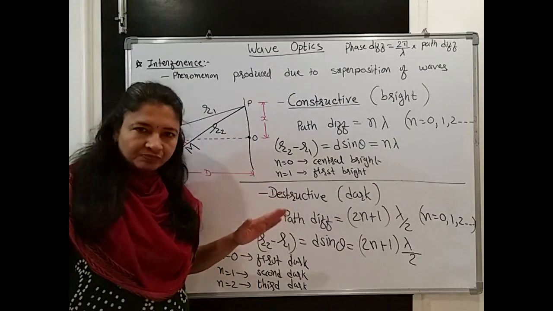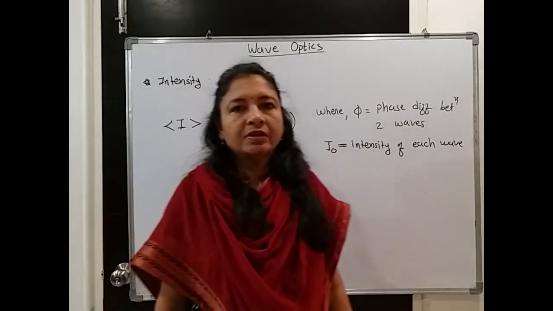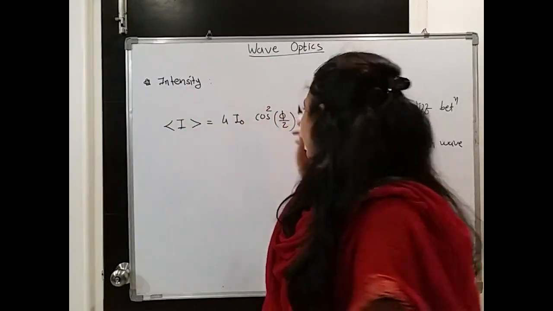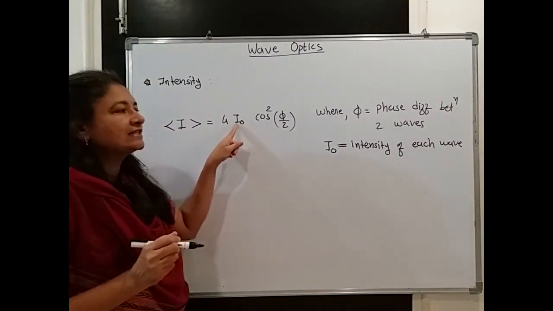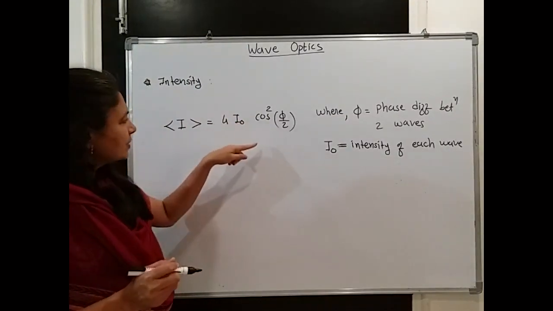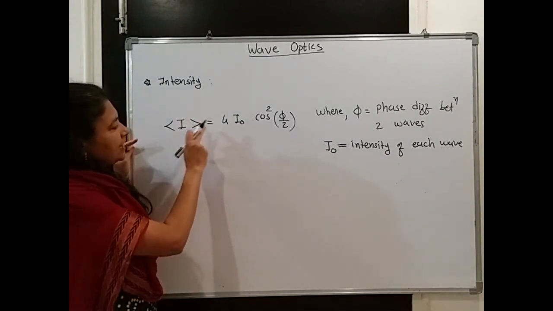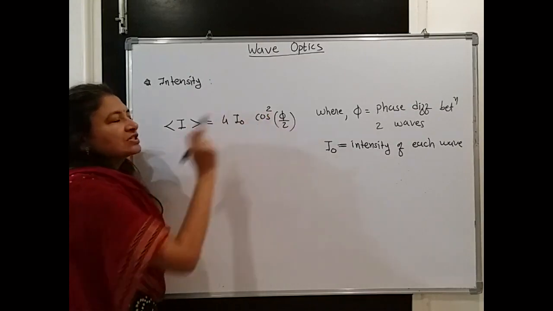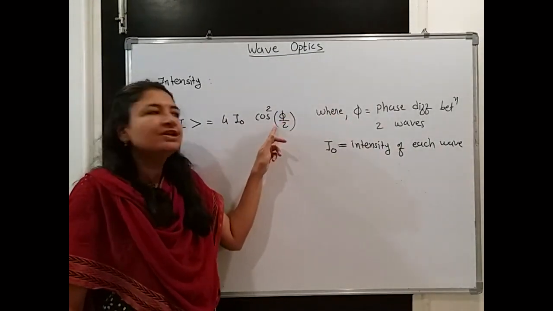Now, we will proceed further. Let us discuss intensity. When two waves, each of them having intensity I0, superpose at a point, then the average intensity at that point is given by I equal to 4I0 cos square phi by 2, where phi is the phase difference between the two waves.